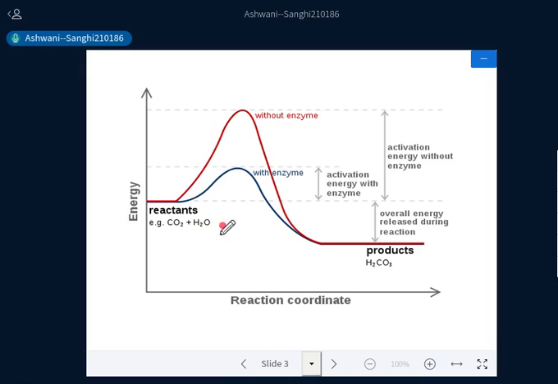So this graph shows activation energy without enzyme and energy with enzyme. When an enzyme is used, less activation energy is required. So the concept behind the speeding up of reactions is that enzyme lowers the activation energy.